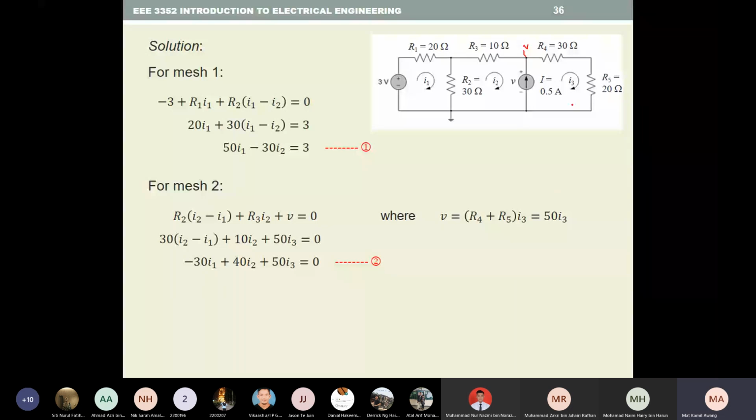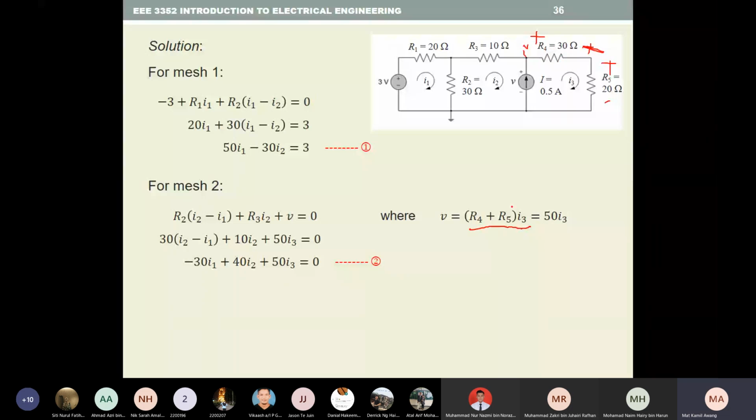If the voltage here is V, then it's actually the voltage of here plus the voltage across R4 and R5. So this is actually VR5 plus VR4. So what is the voltage VR4?